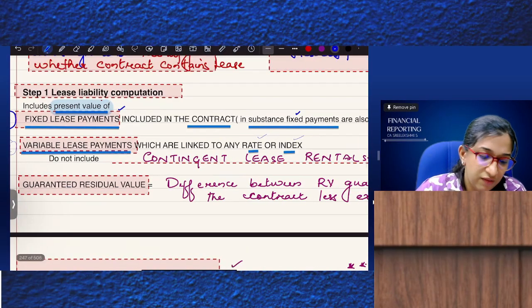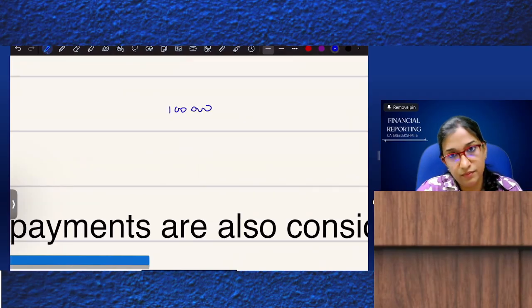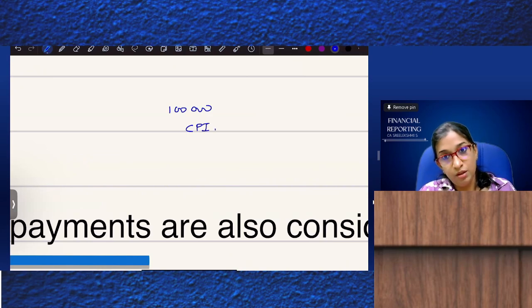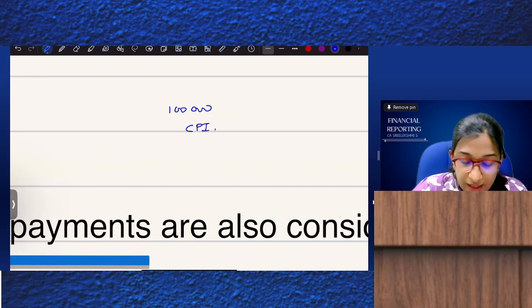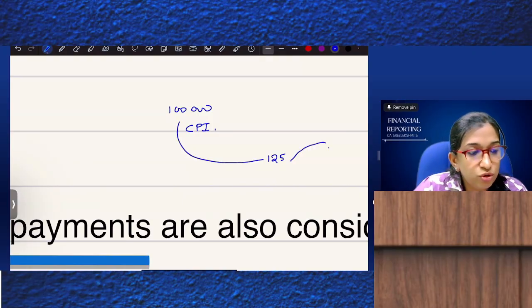So here, if 1 lakh is the lease rental and it will increase with the consumer price index. Now after 2 years, the consumer price index was 125 at the starting and now it has become 225.